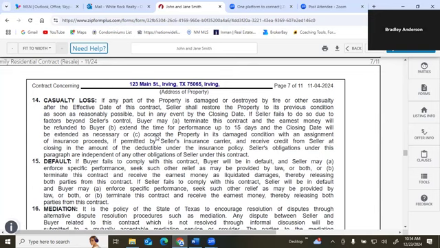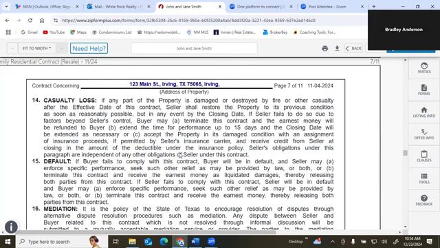I want to close anyway. So accept the property in its damaged condition with an assignment of the insurance proceeds if it's permitted by the insurance carrier, and receive credit from the seller at closing in the amount of the deductible under the insurance policy.